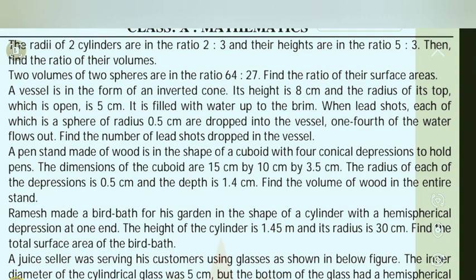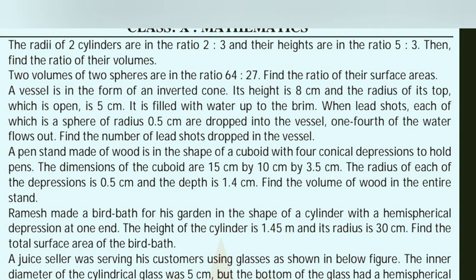The second question: the volumes of two spheres are in the ratio 64 is to 27. Find the ratio of their surface areas. So two spheres are there, their volumes are in the ratio 64 is to 27. For the ratio of the surface area, consider the volumes of the two spheres as V1 and V2 and surface areas as A1 and A2.